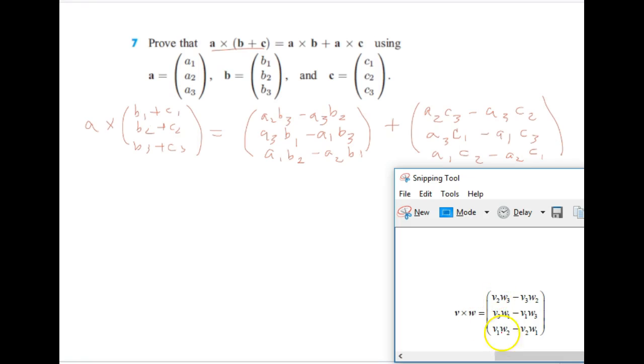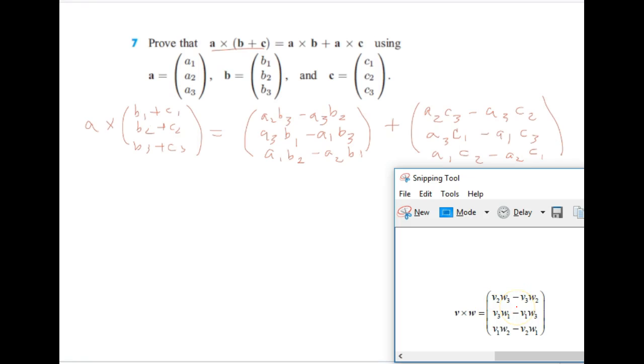Okay? Now here's a snapshot of what you can find in the formula sheet. The formula sheet summarizes the result of the cross product using the components pretty neatly here. Basically the pattern is 2, 3, 3, 2, 3, 1, 1, 3, 1, 2, 2, 1, okay? So I've rewritten the A cross B using this notation.